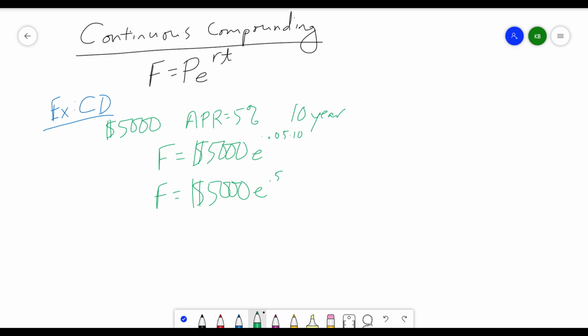So we'll do e to the 0.5, and once we have that, we can multiply it times $5,000. And we end up with a future value of $8,243.61.